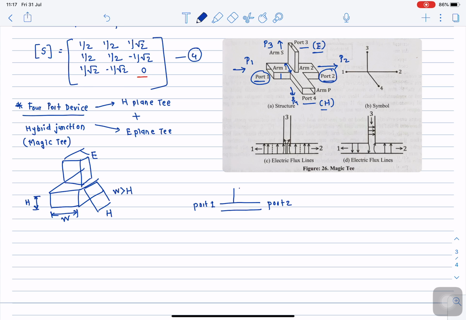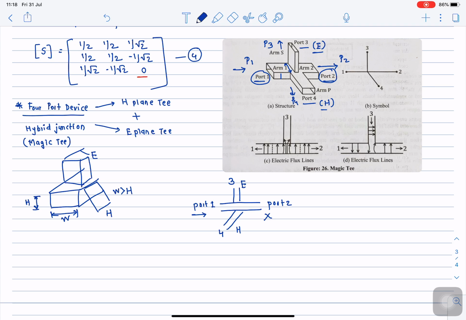Port 3 is located in what we call the electric arm, and port 4 is what we call the H arm, or H-plane. So whenever we feed certain power at the input of port number 1, the power will not be made available at port number 2. This is what happens in the magic T or the hybrid junction. The power will get delivered at port number 3 and port number 4 only.